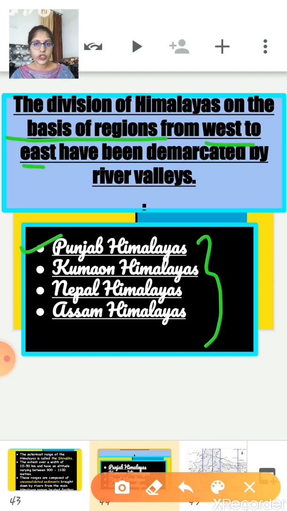First one is the Punjab Himalayas, second one is the Kumaon Himalayas, third one is the Nepal Himalayas, and the fourth one is the Assam Himalayas. Is it clear? Basically this division is based on the rivers flowing in the Himalayan region.